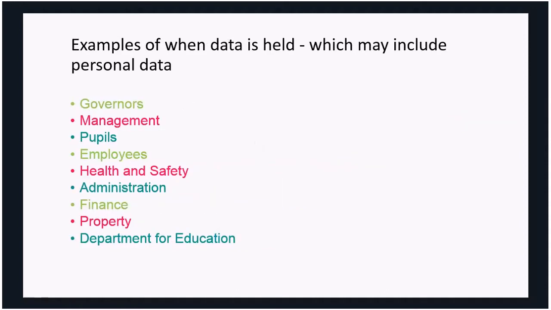So examples of where data is held, which may include personal data: information about the governors, the management, the pupils. I'm not going to go down that list, you can read those. This is a non-exhaustive list, but it should be used to begin thinking about what sort of data is held by educational establishments. We know that governors will hold personal data, minutes, agendas, reports.